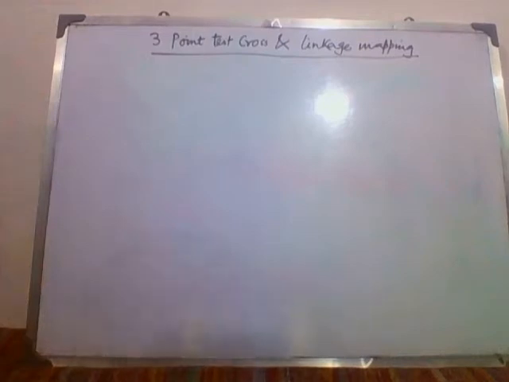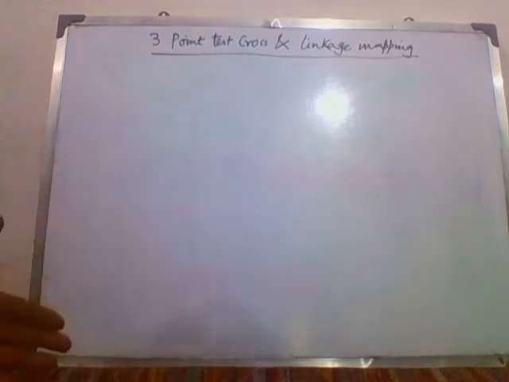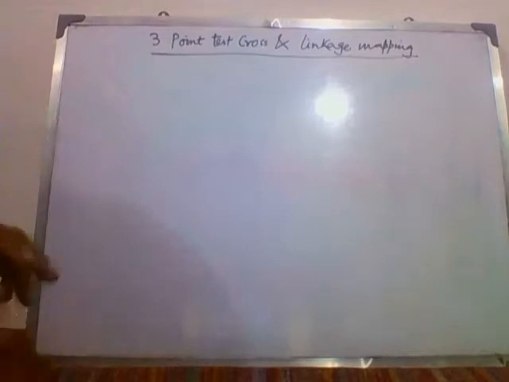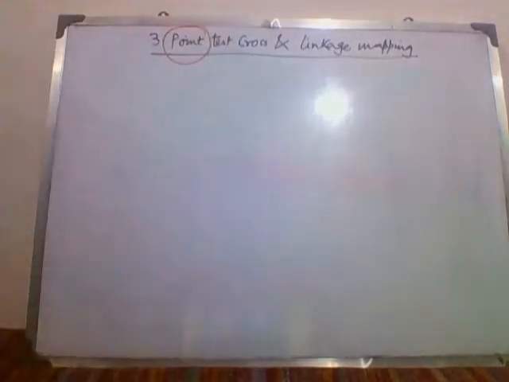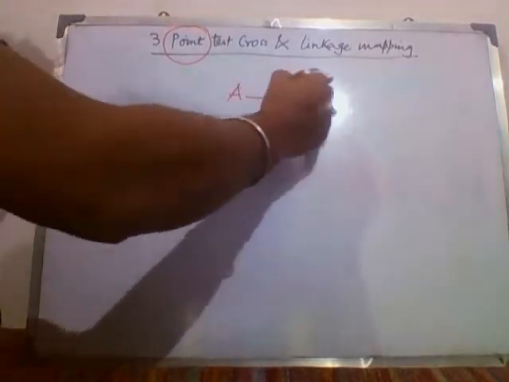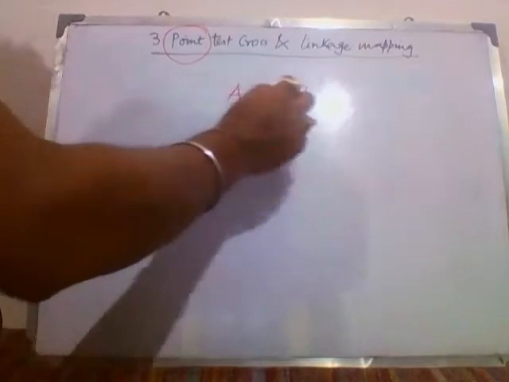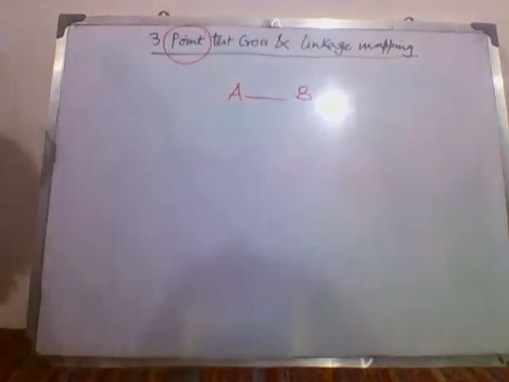So this collinearity of recombination and relative distance between the genes is explored by this classical genetic technique, where we use a 3-point test cross. Here the point means genes. You can easily assign how distant two genes A and B are from the relative frequency of recombination between them.